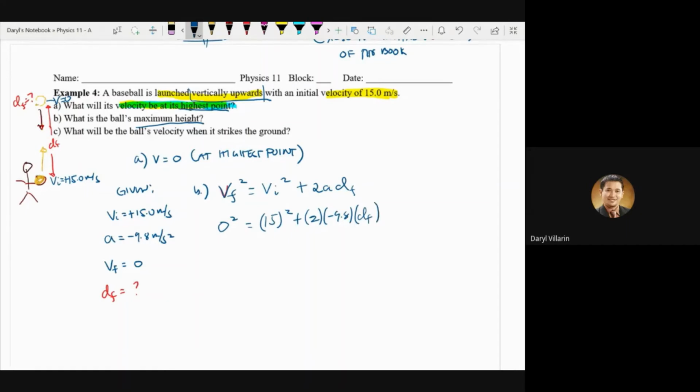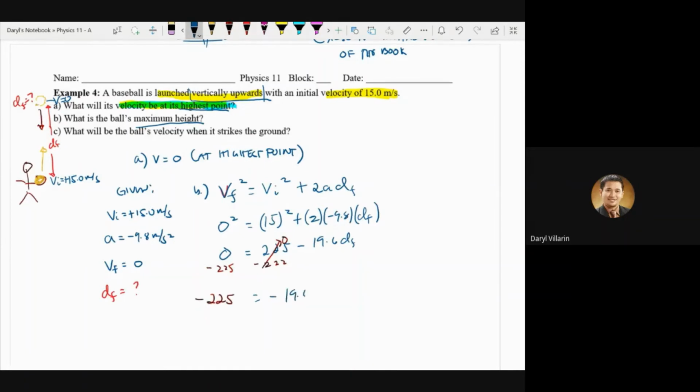So this is 0 is equal to 225 minus 19.6 df. If I'm going to solve for df, I'll be subtracting both sides by 225. So the 0 is gone on one side, and this is negative 225 equals negative 19.6 df.